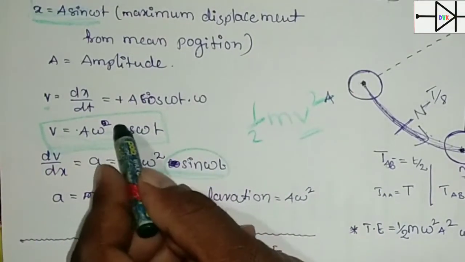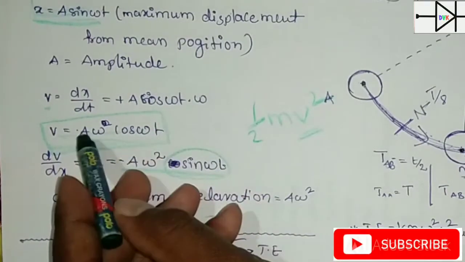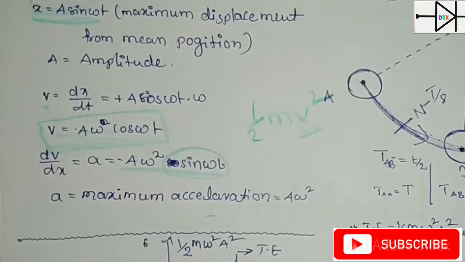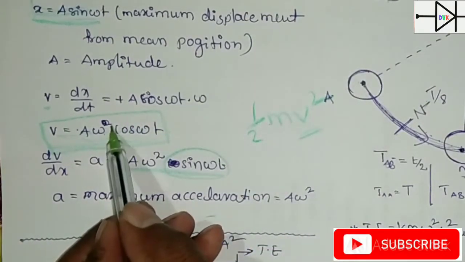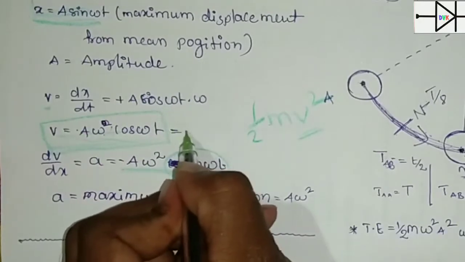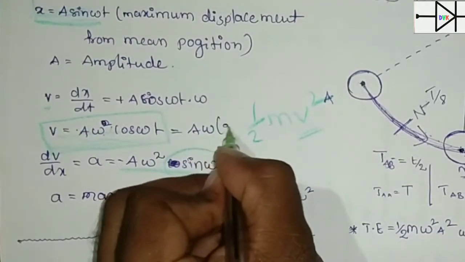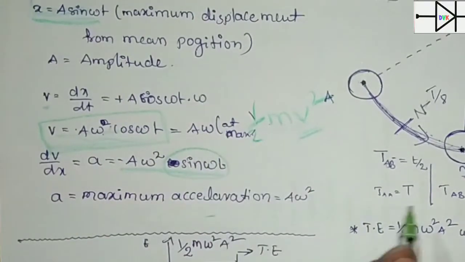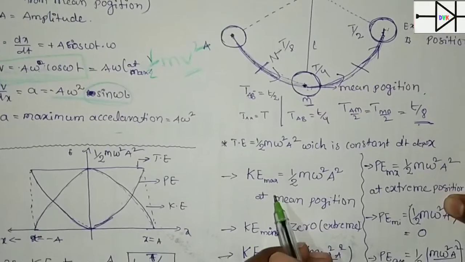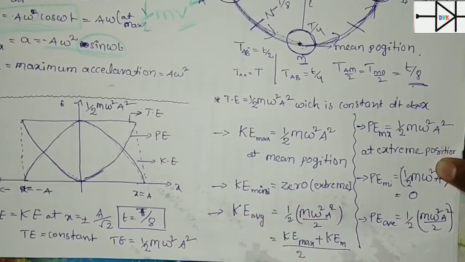For maximum velocity, cos theta is equal to 1 at 0 degrees, it gets A omega. When I apply it, the velocity is equal to A omega at maximum, right? This is the kinetic energy of the simple pendulum, right?